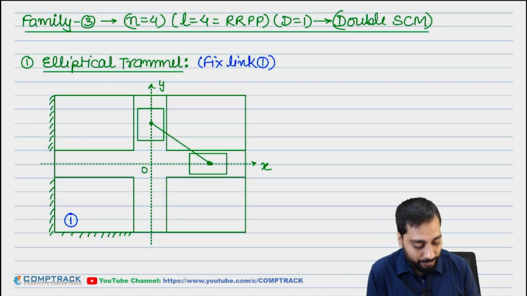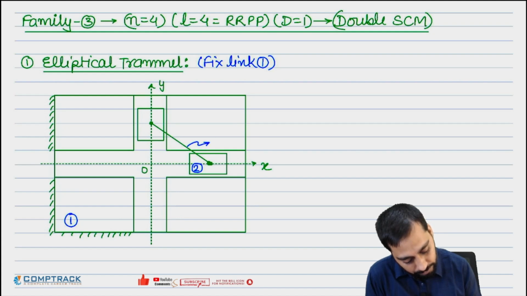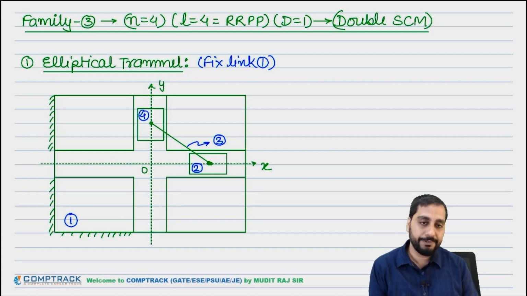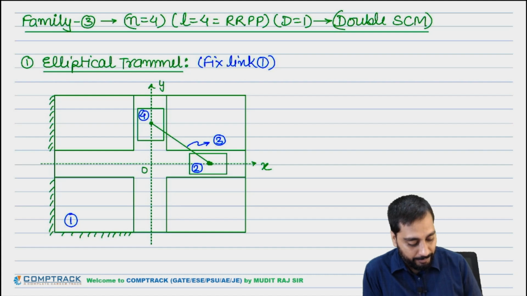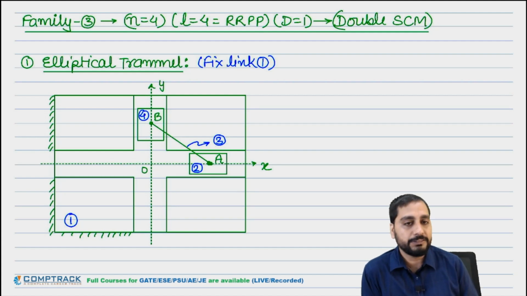Okay, second will be this slider, third will be this rod, and fourth will be this slider, let's say. Clear? This point I am considering A, this point I am considering B, like this.